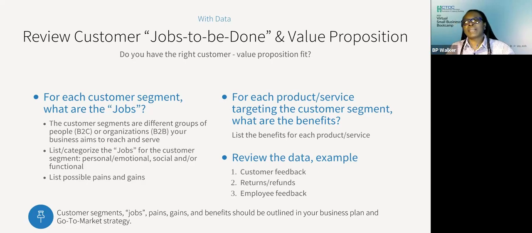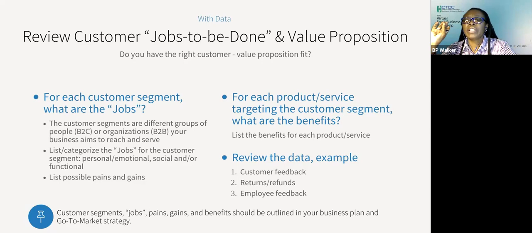That's a different segment than say, women, working professional, no children, single, head of household, whatever the case may be. So you got to segment them out and then determine what exactly are their needs.